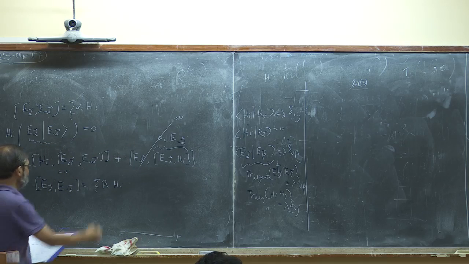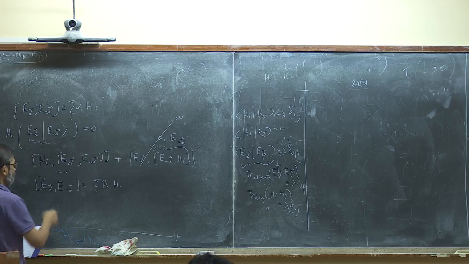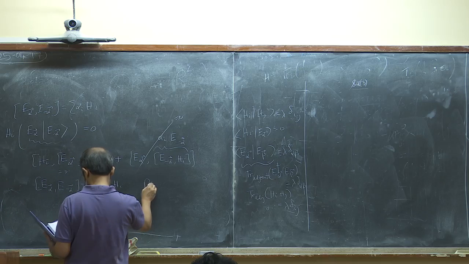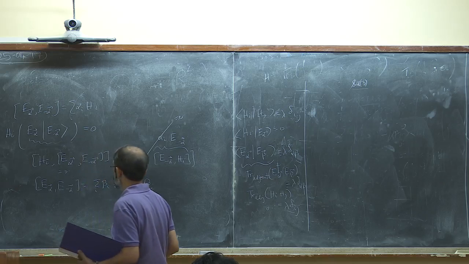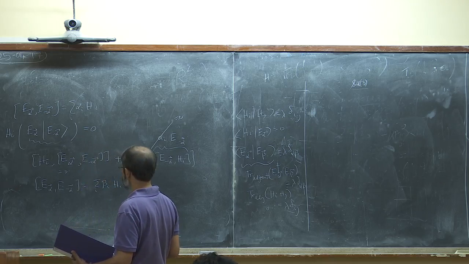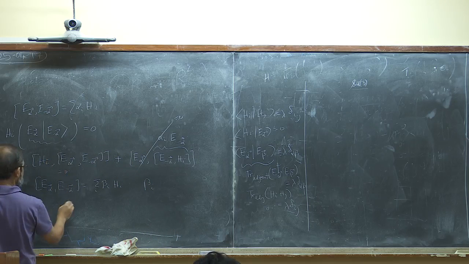Now in order to show that this beta I has to be alpha I itself, what do you do? You take the inner product, exactly. So let me write this thing again. What I have found is this, so let's take the inner product of this.